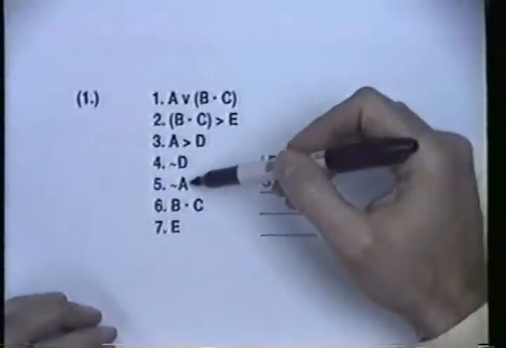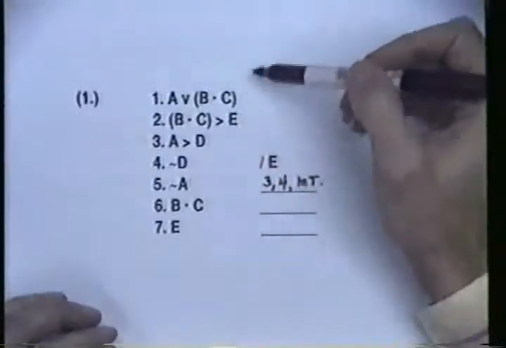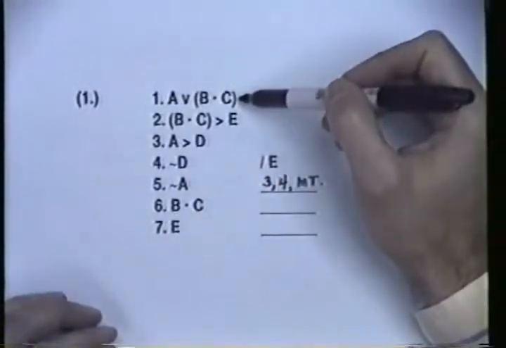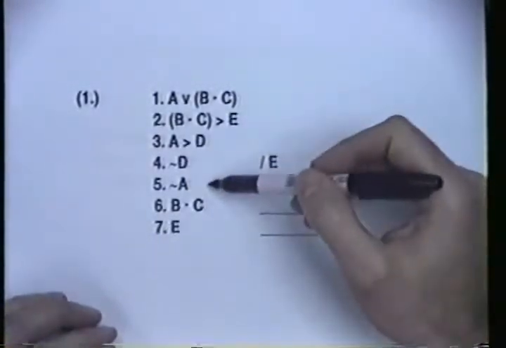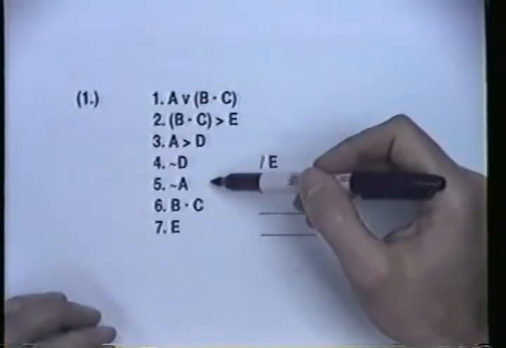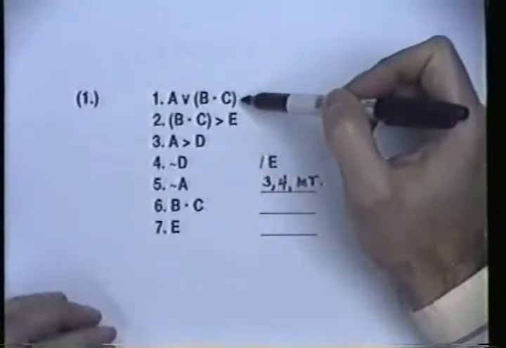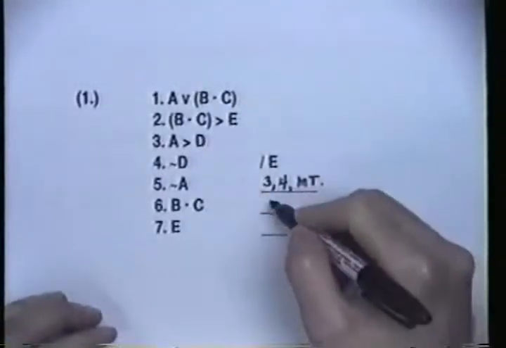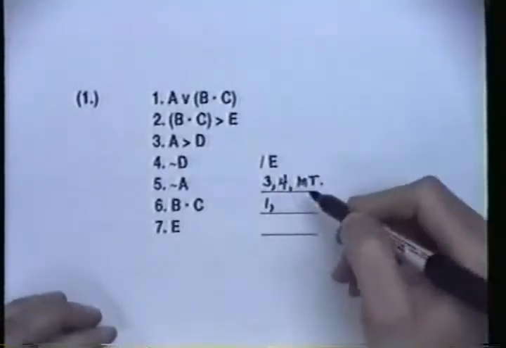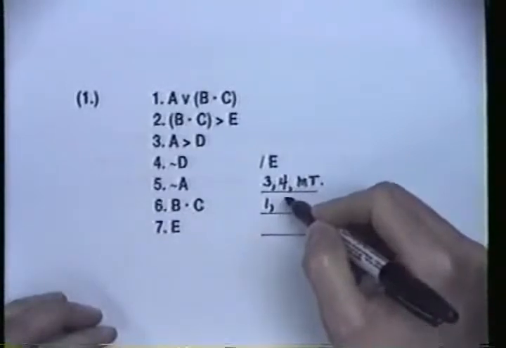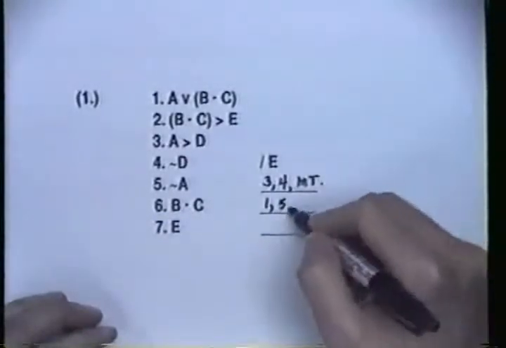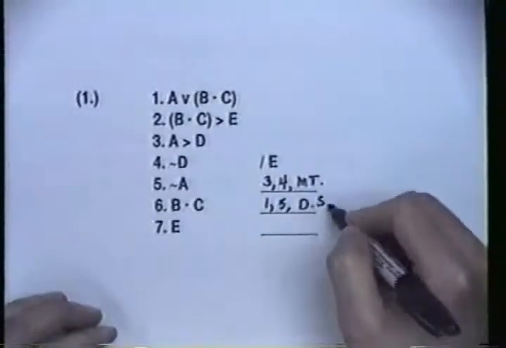But notice that we already have derived not A, and so we can operate on line 1 with not A through the rule disjunctive syllogism to give us the disjunct B and C as an answer. So line 6 is justified by citing line 1 and line 5 and citing the rule disjunctive syllogism.